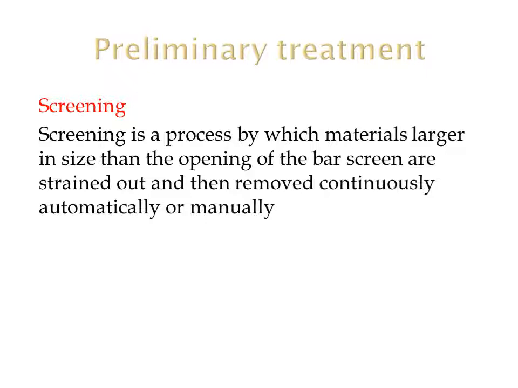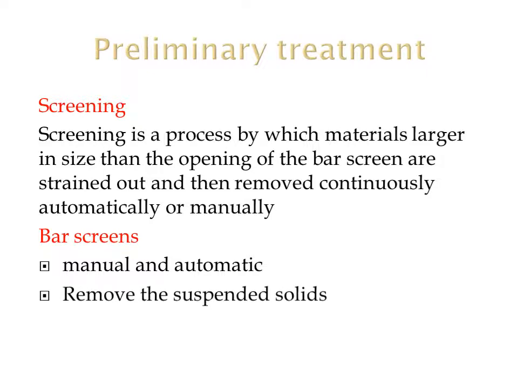That screening is mostly done by the use of bar screens, and these bar screens can be used manually as well as automatically. That means all the material that gets retained over the screens can be removed manually as well as automatically. And thus bar screens remove all the suspended solids and large size solids which are present in the wastewater.